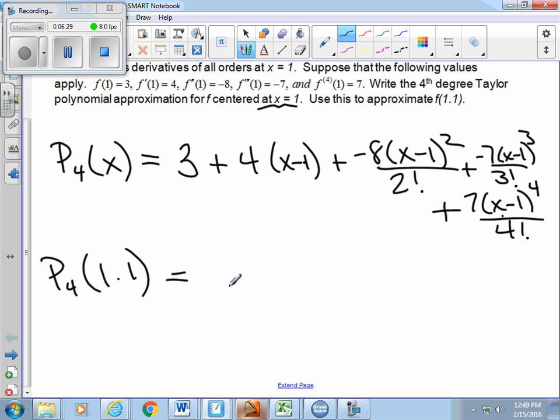About 3.35. And that is an approximation for f of 1.1. Does everyone agree? That might help. I think there were some on your homework that asked you to do that. That's how you do that.